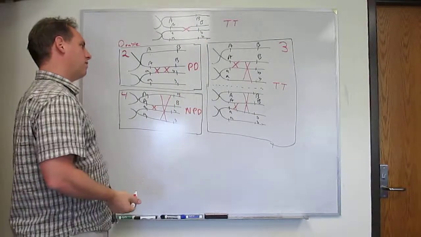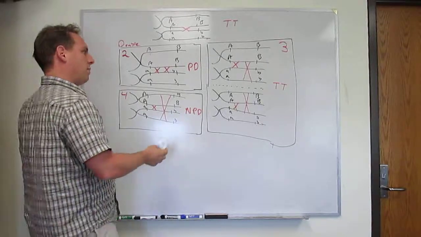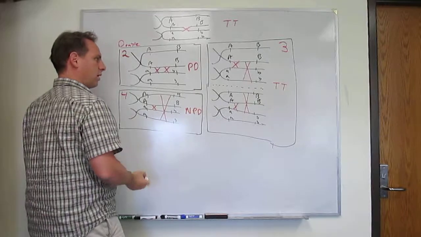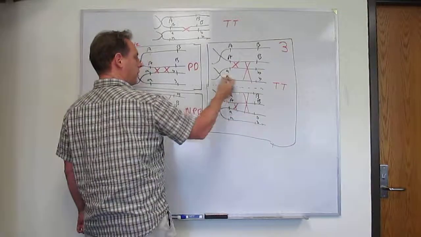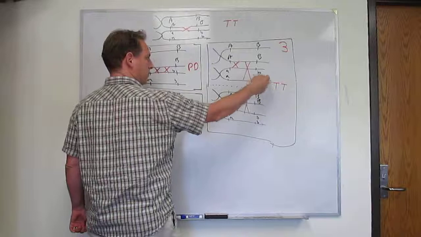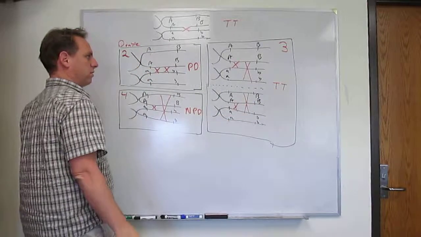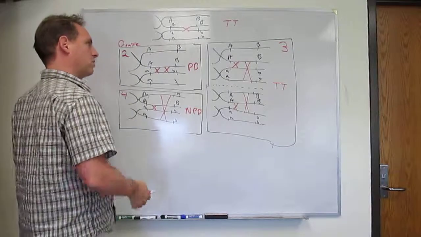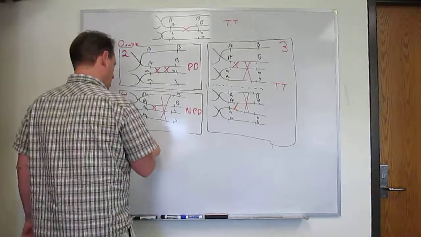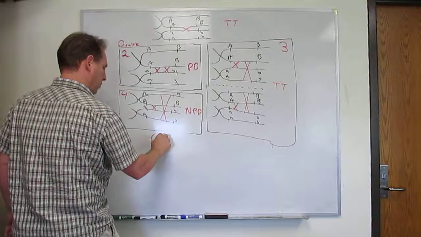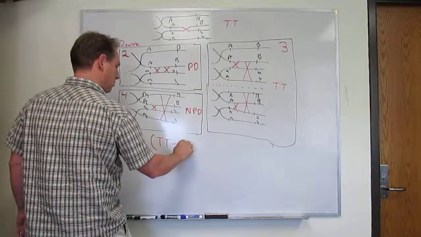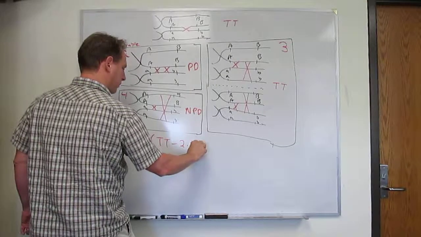Well, what's kind of convenient here is that because of the ratio of three-strand doubles to four-strand doubles, there's actually a 2-to-1 ratio of tetratypes arising from this type relative to non-parental dye types. So we can correct our number of tetratypes to exclude the three-strand doubles by this, okay? We can count up all the number of tetratypes, and we can minus 2 times the number of non-parental dye types.